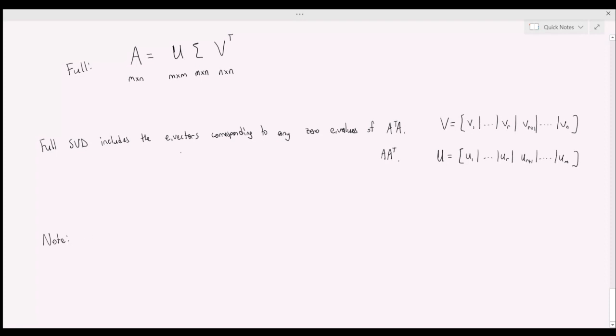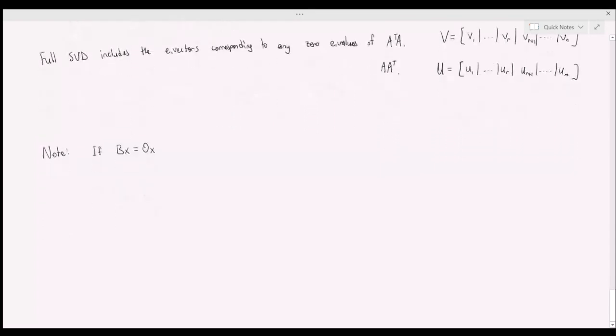So when you're looking for the eigenvectors corresponding to a 0 eigenvalue, let me use B to not confuse with A up here. Let's say you have a square matrix B, and you're looking for eigenvectors corresponding to an eigenvalue 0.